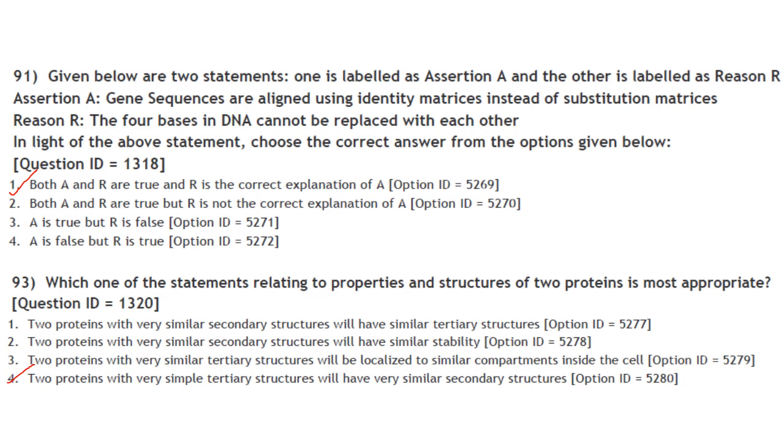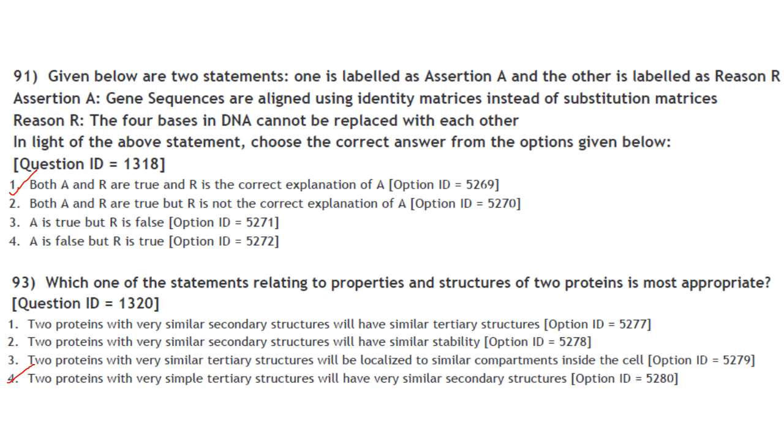Then, which one of the statements relating to properties and structures of two proteins is most appropriate? Two proteins with very similar secondary structures will have similar tertiary structures. Two proteins with very similar secondary structure will have similar stability.